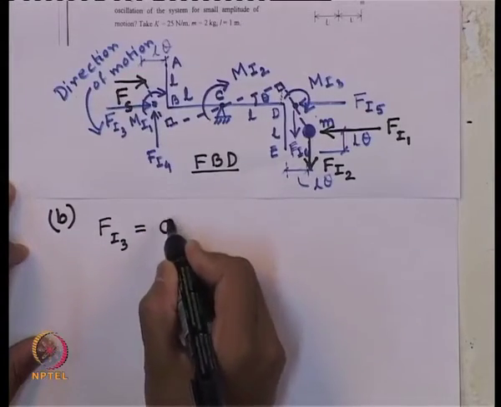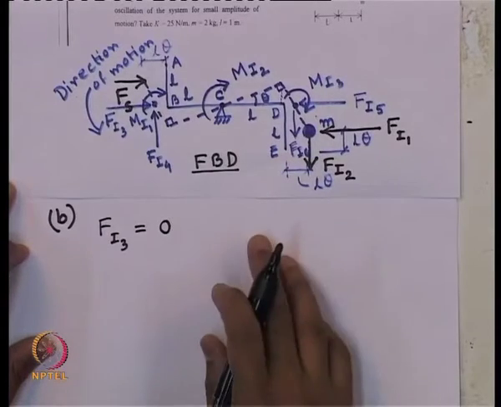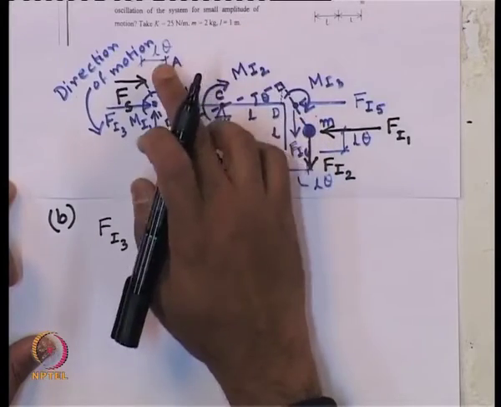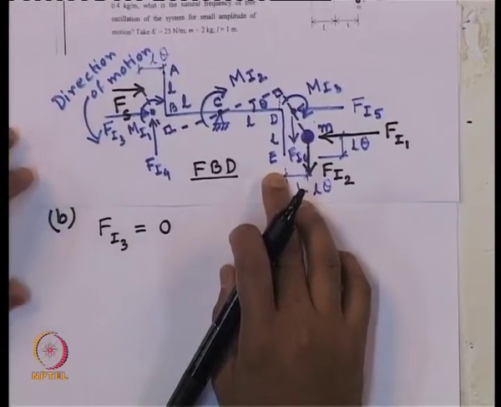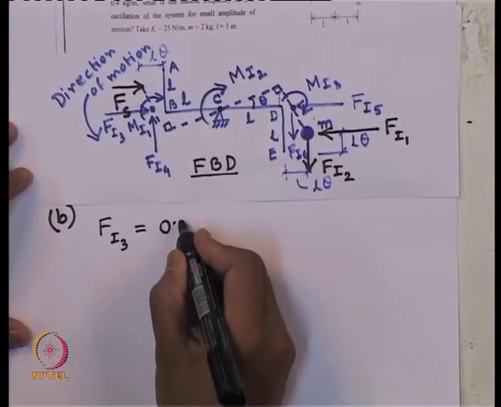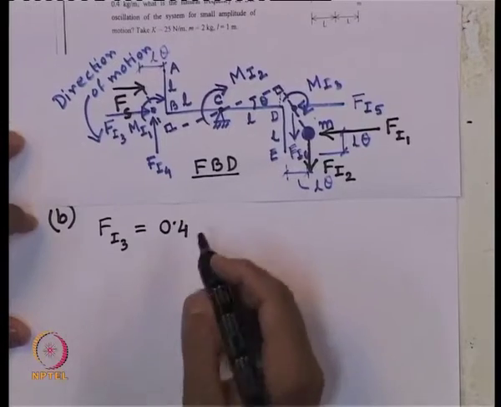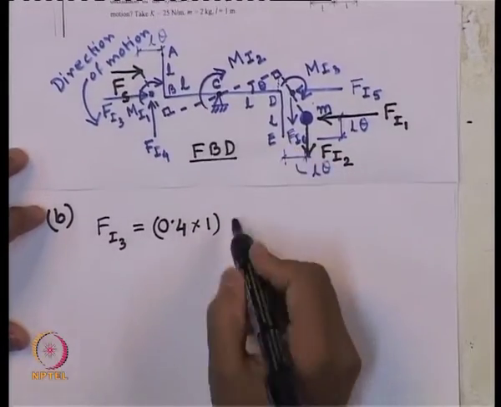Now, what is the mass of this segment AB? The length L is given as 1 meter, and the mass per meter length is given as 0.4 kg per meter. So, the total mass is 0.4 kg times 1, I will write for clarity.